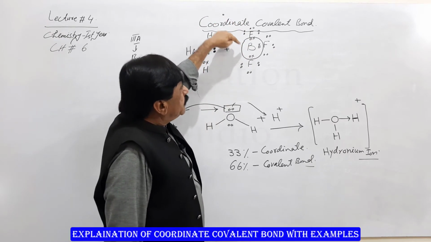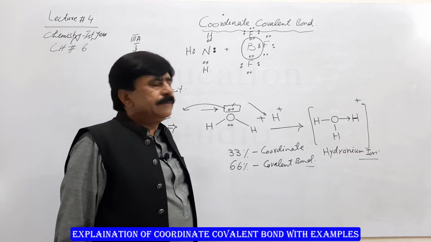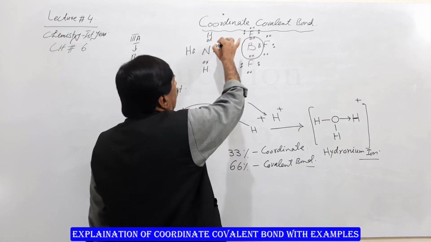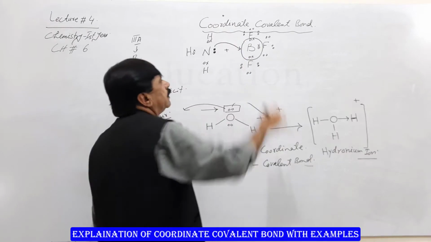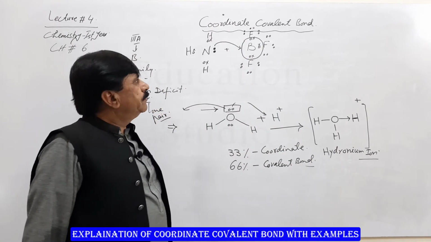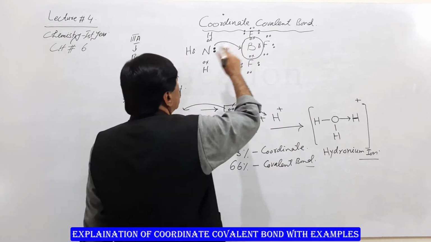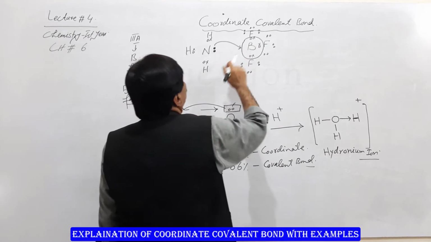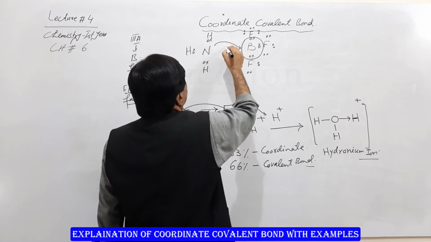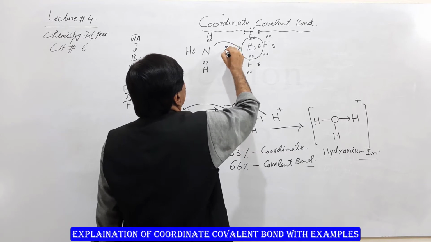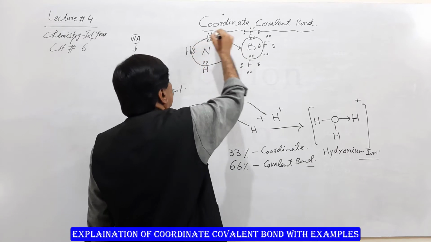So it needs two electrons for the completion of the octet. In this way, the lone pair of electrons is donated by the nitrogen to the boron, and the octet of boron and the octet of nitrogen are completed.